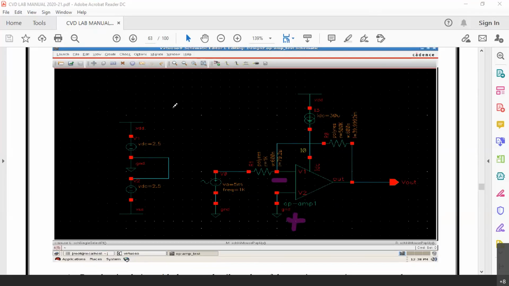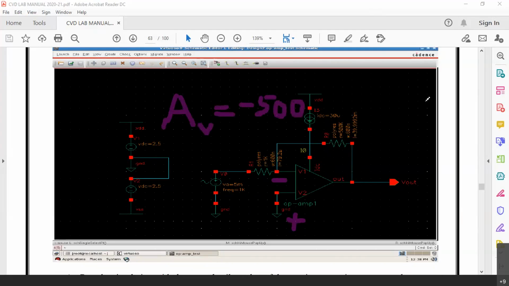So AV is going to be minus of RF by RI. RF is 500K, RI is 1K. So we have configured the gain to be around 500 times in the inverting mode. That is how we have chosen these two resistors.